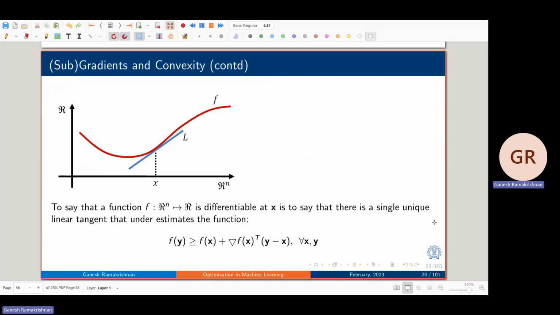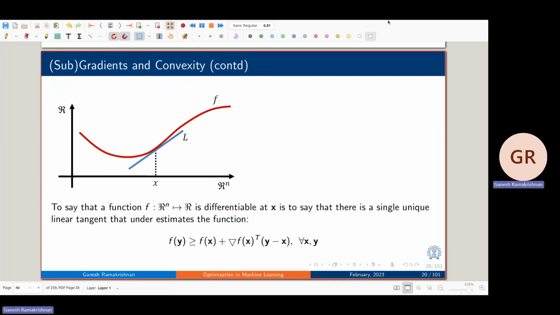Because I know that if the function is convex, even if it's not differentiable, it has a convex epigraph. A convex set always has a supporting hyperplane. Why should I require the supporting hyperplane to be always in terms of the gradient? If the function is not differentiable, there should still exist a supporting hyperplane, right? How do I come up with that supporting hyperplane? So that's where subgradients come in.